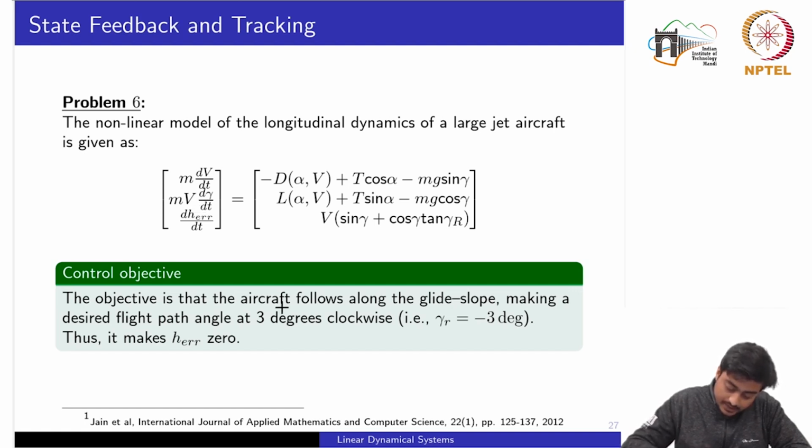The objective is that the aircraft follows along the glide slope, making a desired flight path angle of 3 degrees in the clockwise direction. Since we are taking the anti-clockwise direction as positive, for the clockwise we would have minus 3 degrees. Thus it would make h error equal to 0.